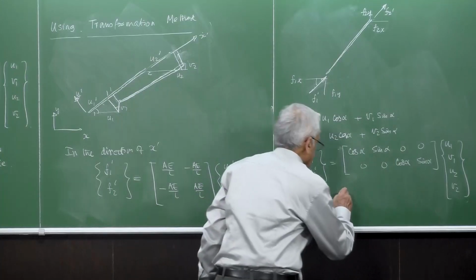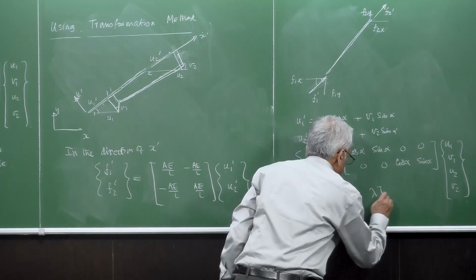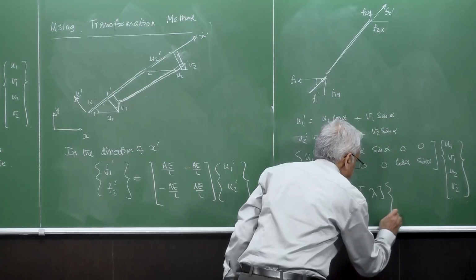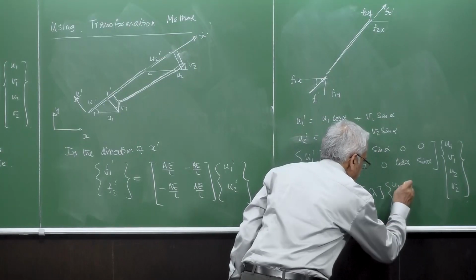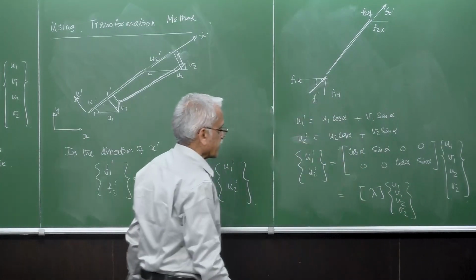So this is called a transformation matrix, lambda, where lambda is the transformation matrix.